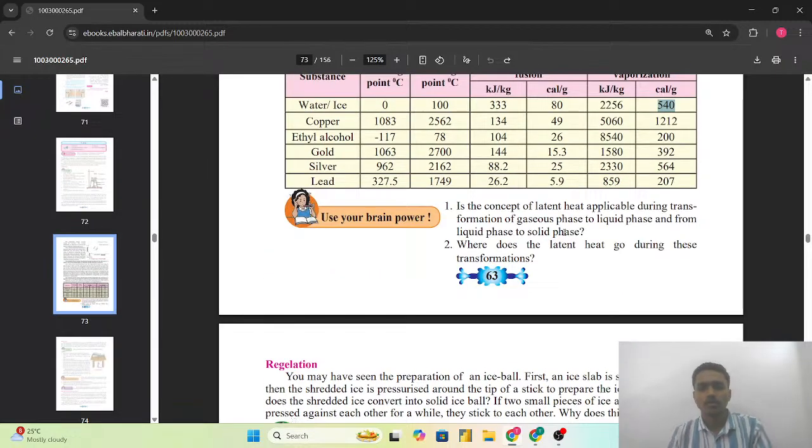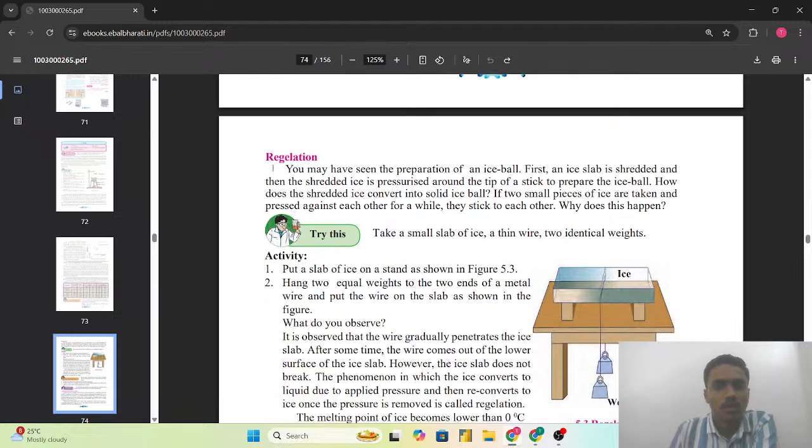So the next part is regelation. You may have seen the preparation of an ice ball. First, an ice slab is shredded, and then the shredded ice is pressurized around the tip of the stick to prepare the ice ball.